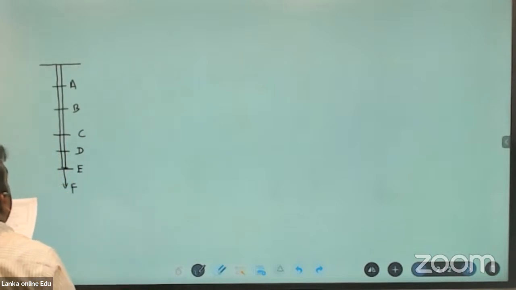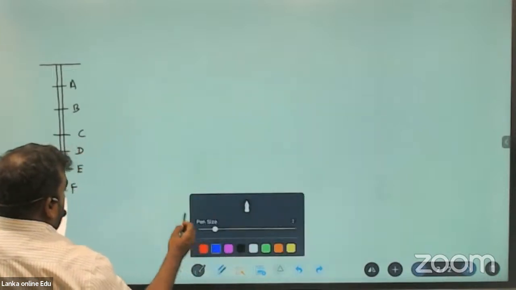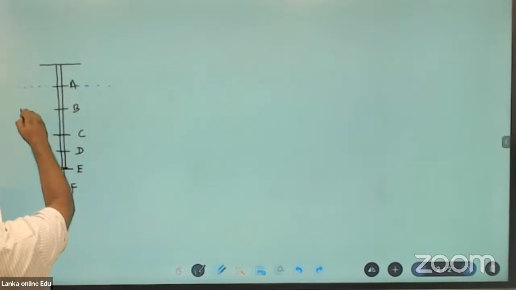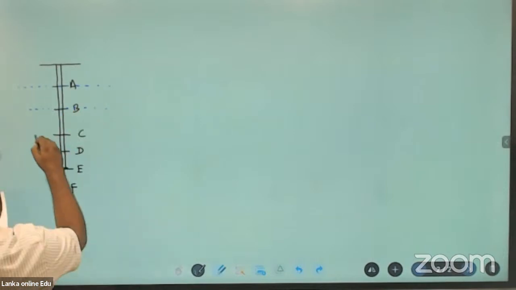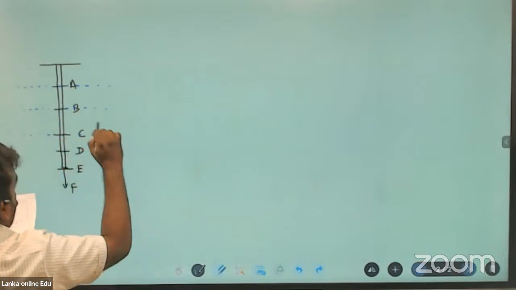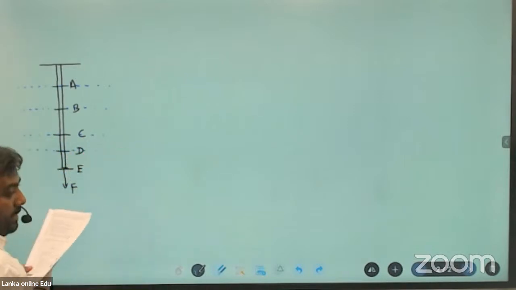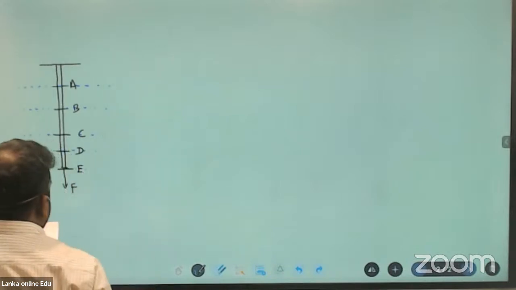Tension at A means we can make an imaginary cut at A. Tension at B means an imaginary cut at B, at C, at D, and at E, you can cut it there.